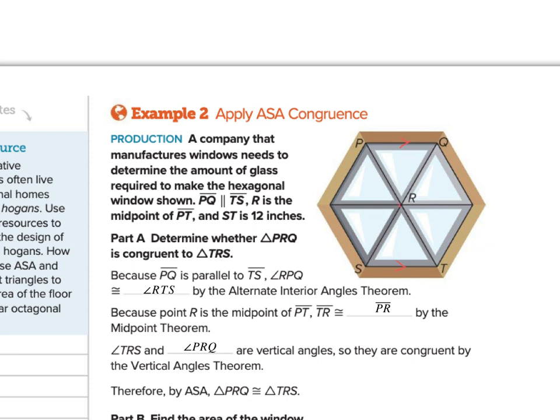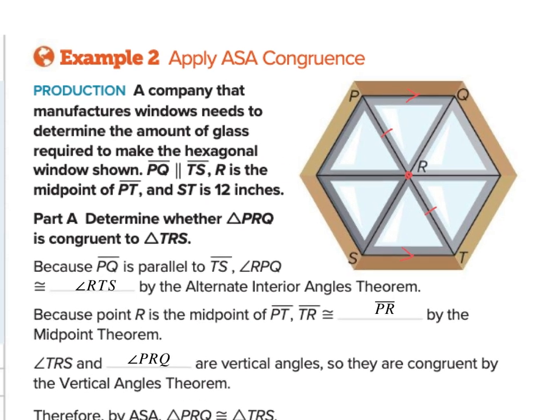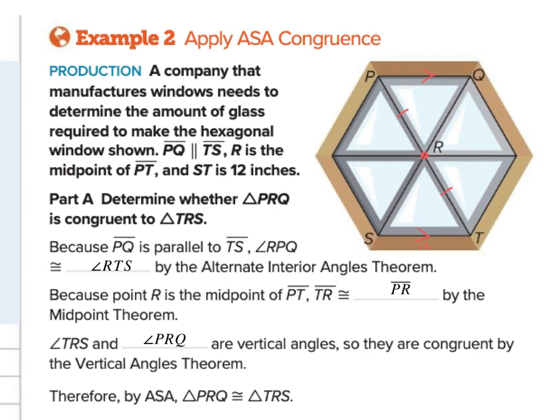R is the midpoint of PT, so if it's the midpoint, we know that those two segments are equal because it bisects PT. And then ST is 12.